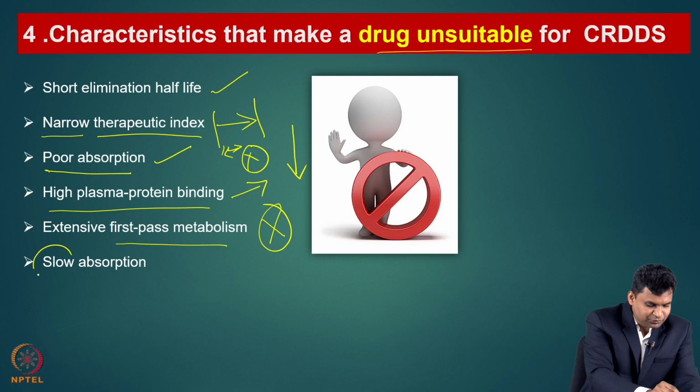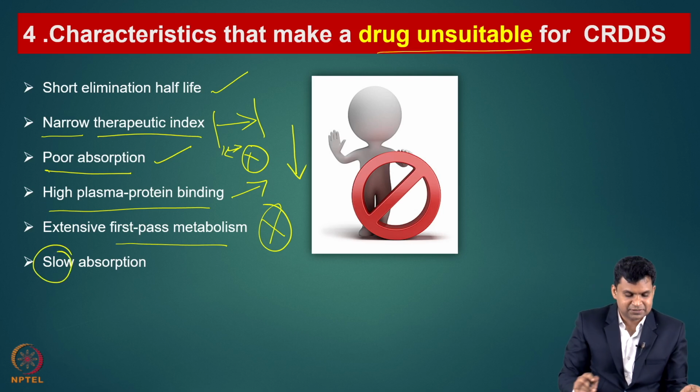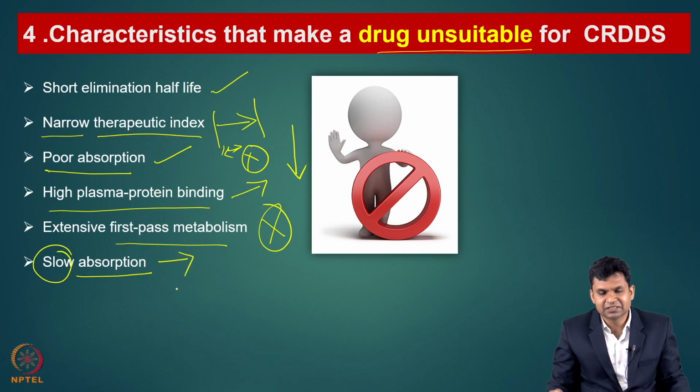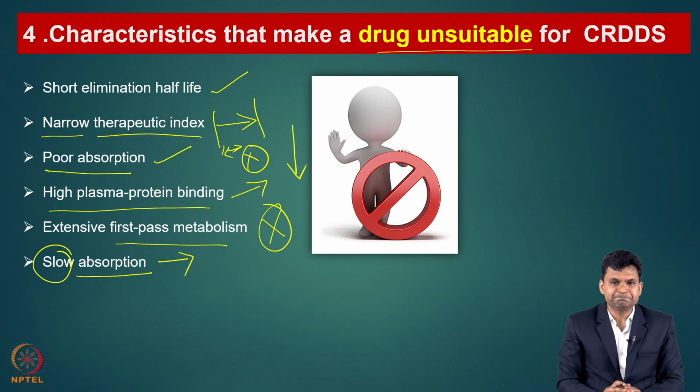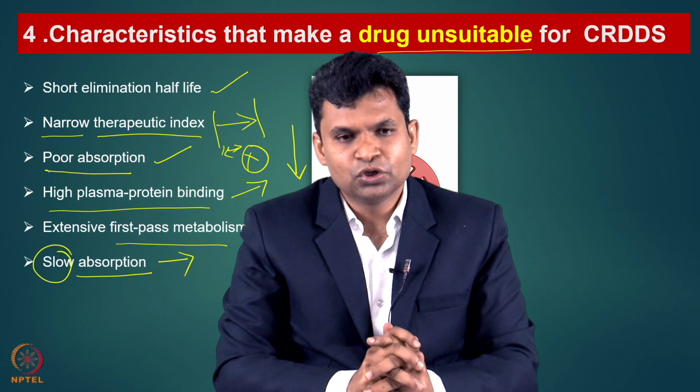And slow absorption is also a limitation of such drugs, which can be overcome by various strategies for enhancing absorption. So these are some of the characteristics of drugs which are not suitable for controlled release drug delivery systems. With this, I am going to stop today's lecture.